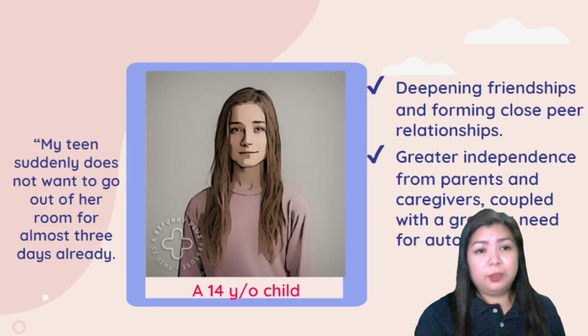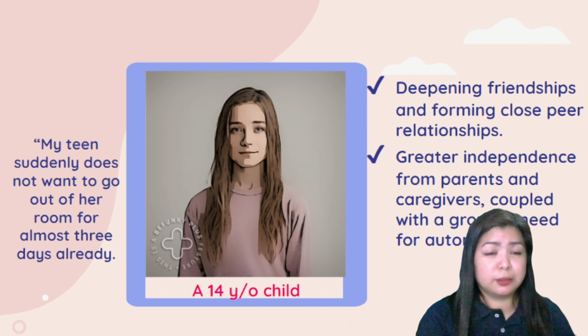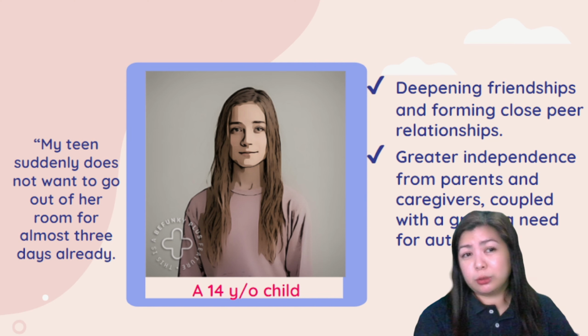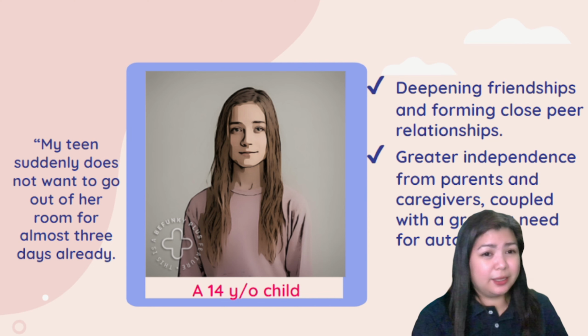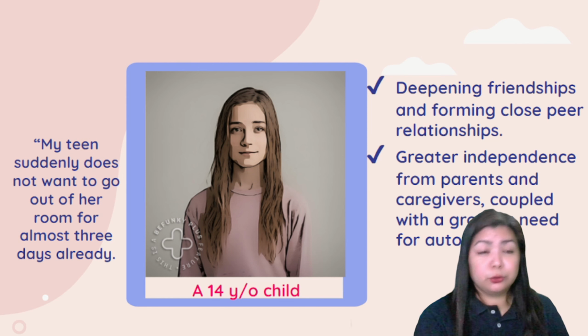You can observe deepening friendships and forming close peer relationships to a point that they would even want to spend more time with their friends than their family. Okay? And usually you can observe in their behavior that they would want greater independence from their parents or maybe their guardians, caregivers, coupled with a growing need for autonomy.